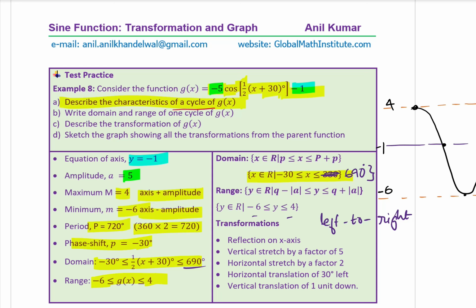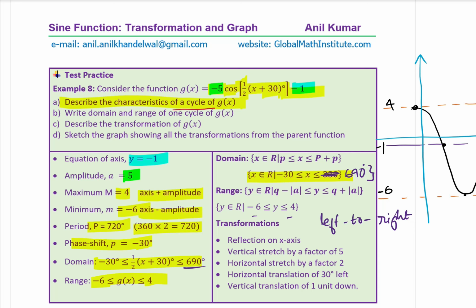As far as the points on this cycle are concerned, if I sketch the y-axis and x-axis, which will be something like this. Okay, and since it has moved 30 units to the left, this is a rough diagram. Correct? So that is how we are going to sketch it.